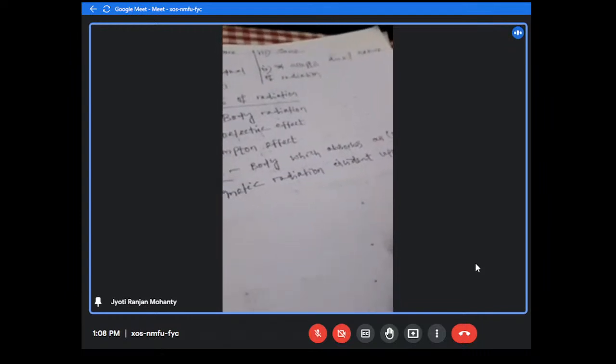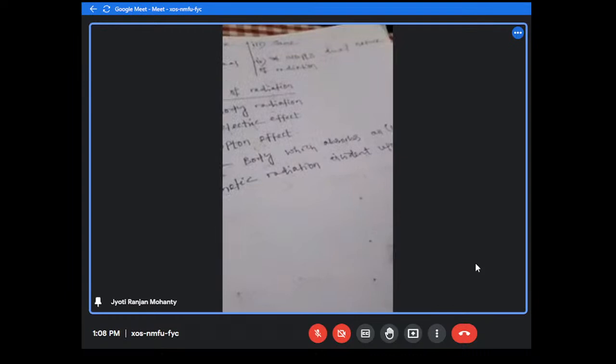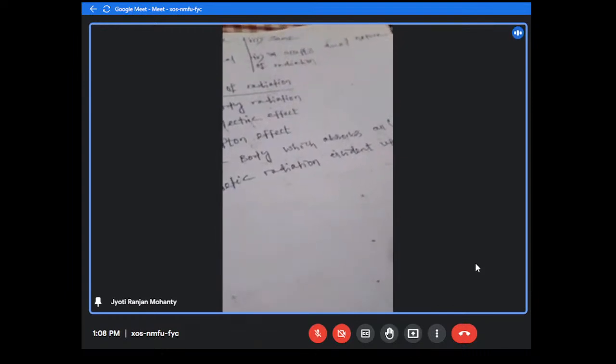That means the total 100% of electromagnetic radiation will be absorbed by the body.